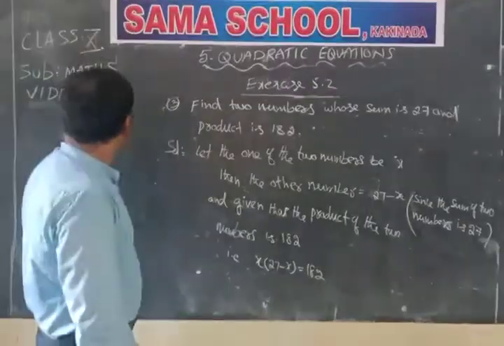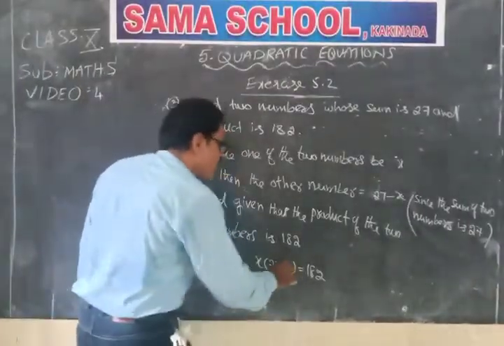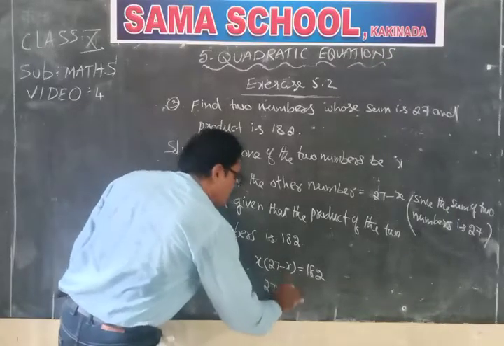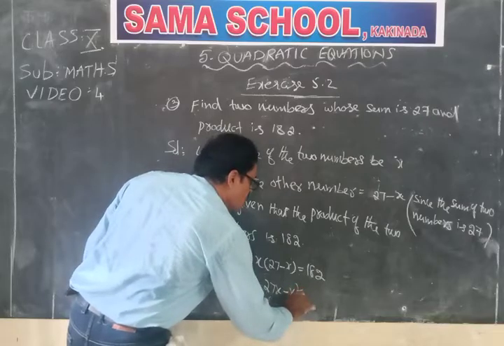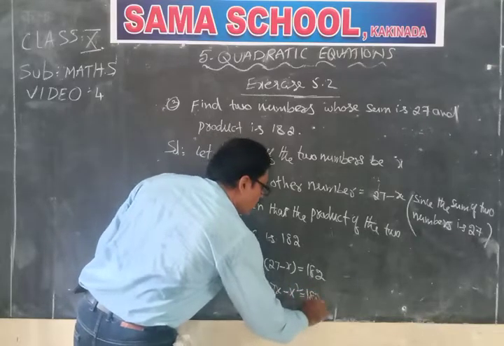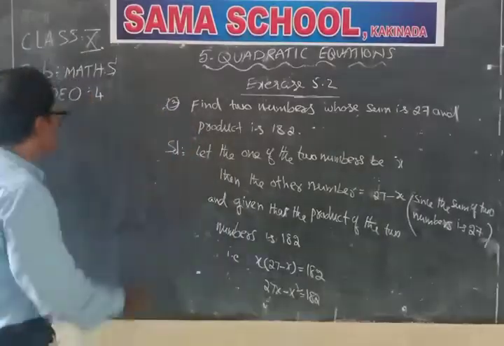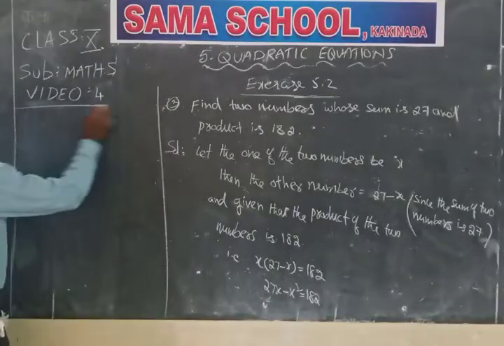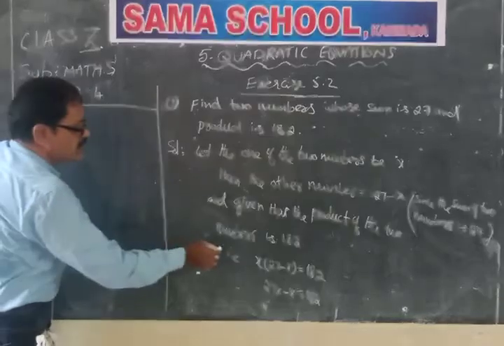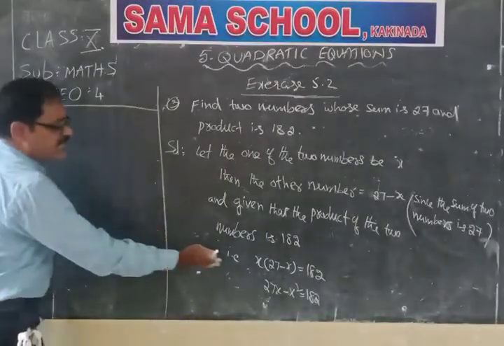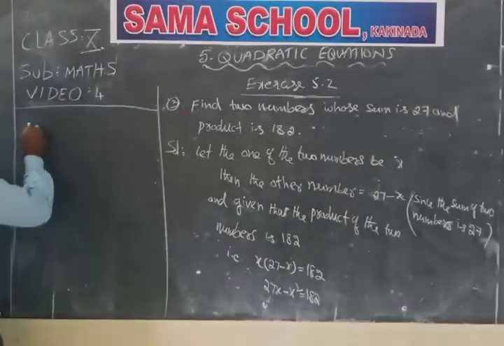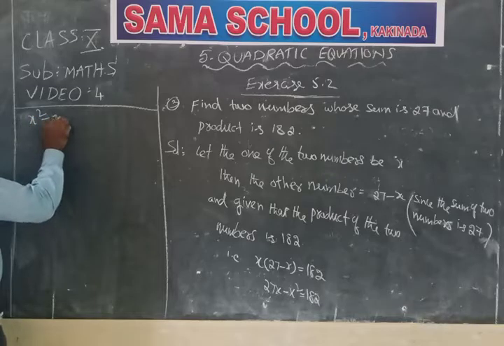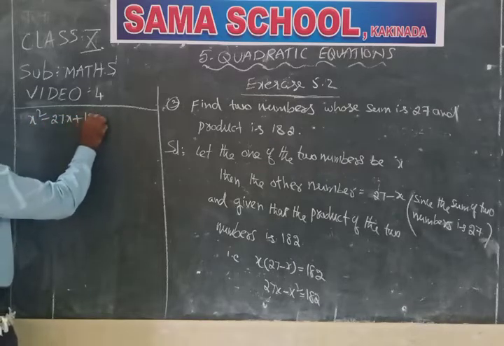Now simplify this equation. x into 27 is 27x, minus x into x is x square, equal to 182. Now we transpose the LHS terms to the RHS. Minus x square becomes plus x square, and plus 27x becomes minus 27x, and 182 is as it is. So x square minus 27x plus 182 is equal to 0.